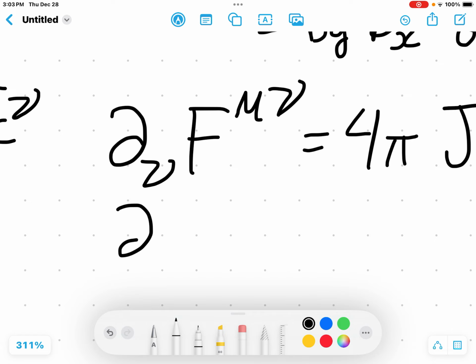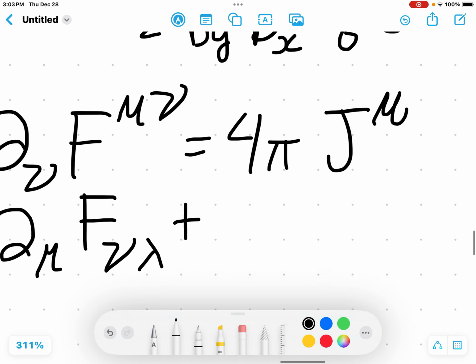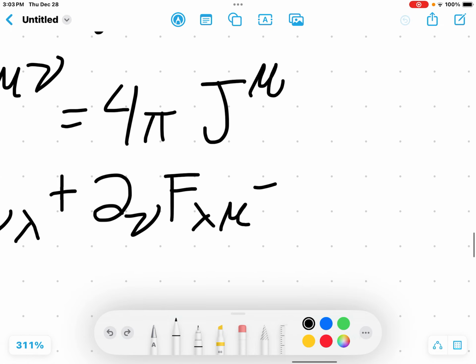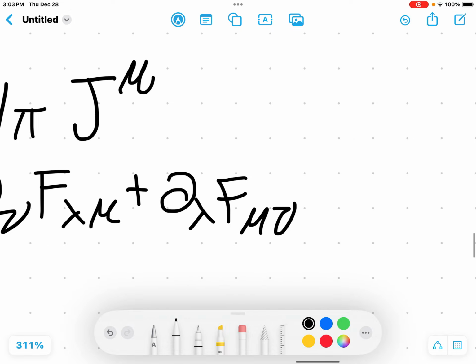And then d mu F nu lambda plus d nu F lambda mu plus one more component, d lambda F mu nu, is equal to 0.